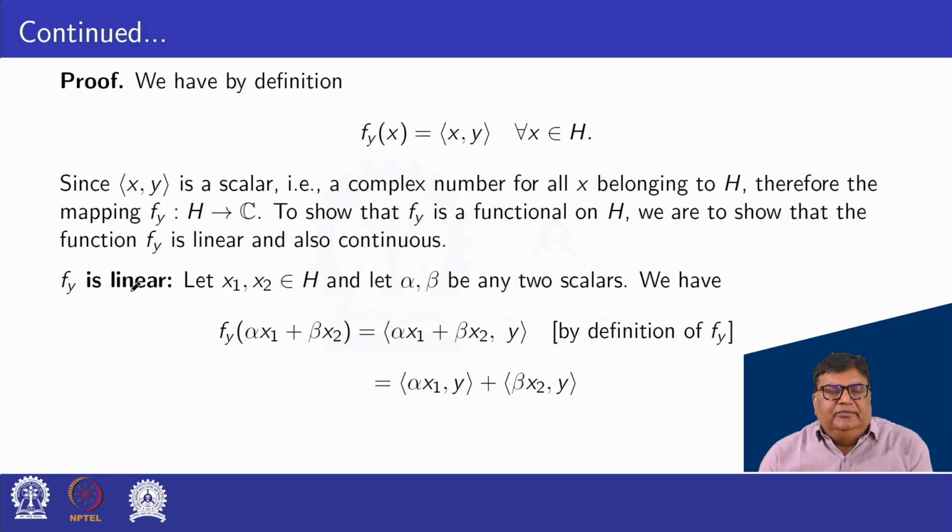Now we prove Fy is linear, and then continuous, that is, boundedness of Fy. Fy is linear. Let x1 and x2 belong to H and alpha, beta be any two scalars.